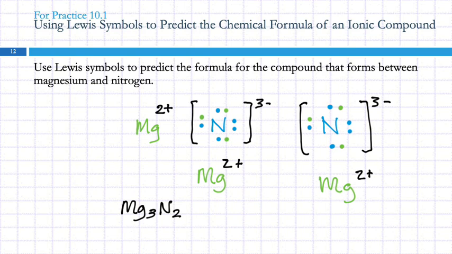We learned how to do this a long time ago, right? Based on the charges. Well, +2 charge, -3 charge, and what combination do we need so that the charges can add up to 0? So this is just a different way of thinking about it. Any questions?